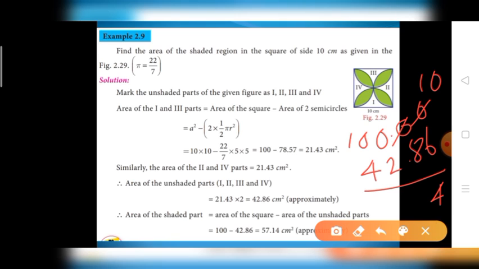Then 9 less 8, the answer is 1. Point, this side 9, this side also 9. 9 less 2 is 7, 9 less 4 is 5. So 57.14 centimeter square approximately.